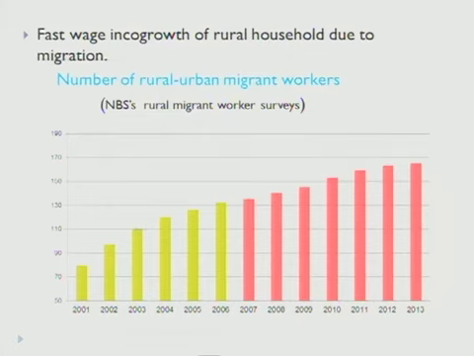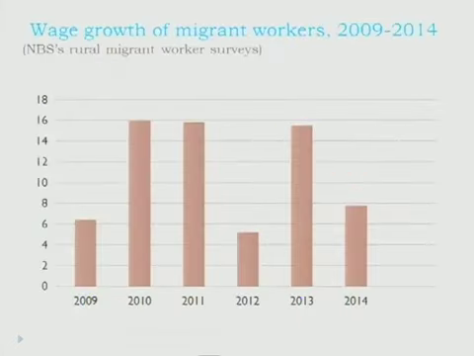Also, if you look at the wage growth of rural migrant workers in China, you will find the wage growth was very fast indeed, particularly since 2009. In 2010 and 2011, the wage growth was around 15%.